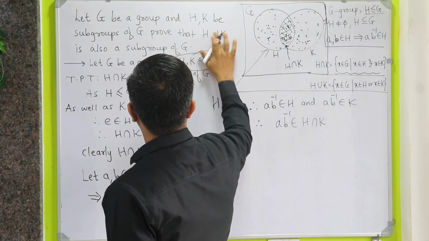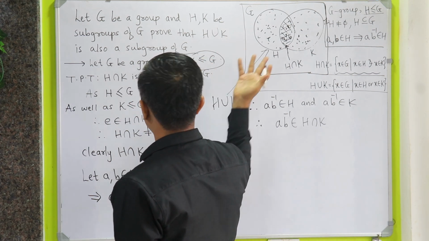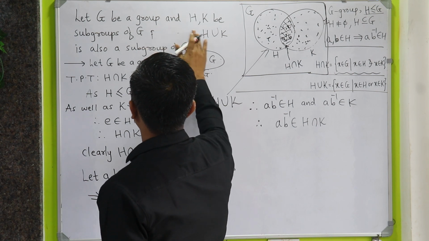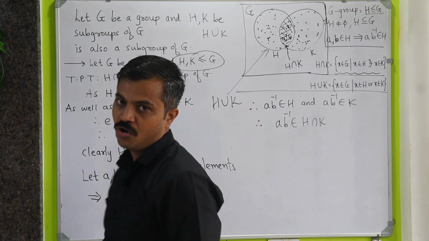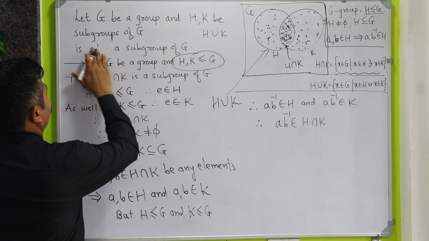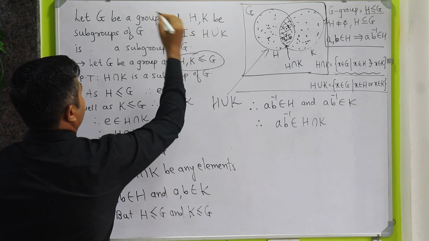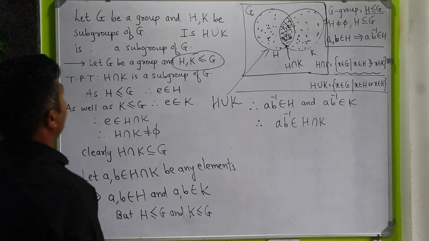So again now we have to prove that H union K is also a subgroup of G. In fact we are checking, right, because we are not sure whether it will be a subgroup or not. Is H union K a subgroup of G, right? That should be the right question.